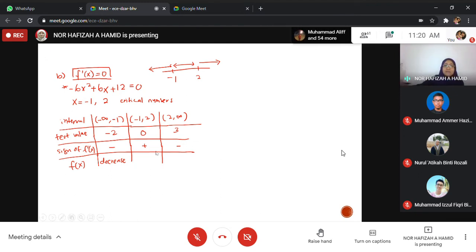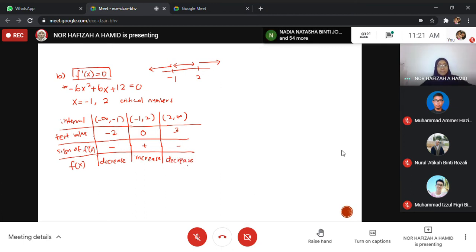When f prime is positive, we have increasing, and when negative, f(x) is decreasing.